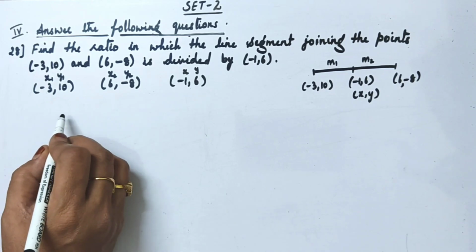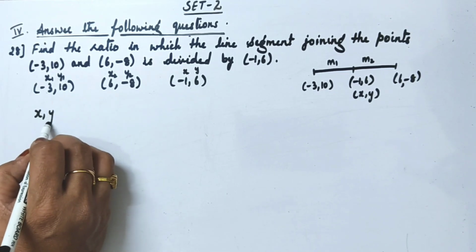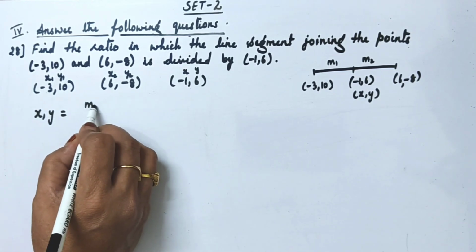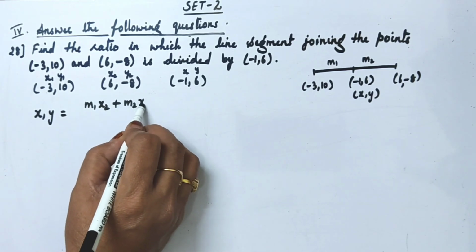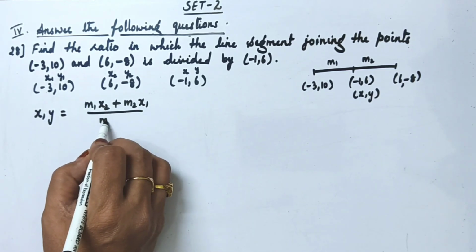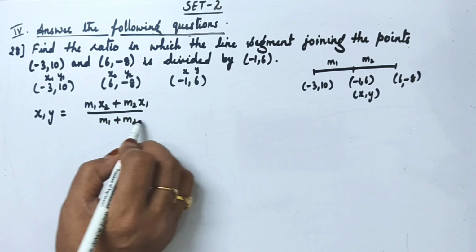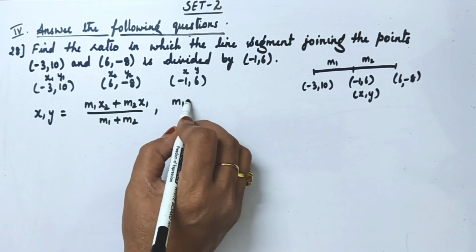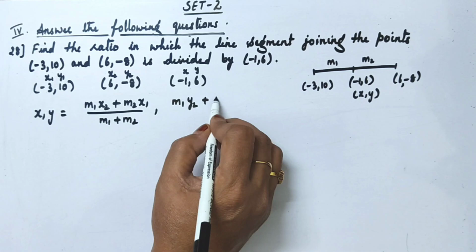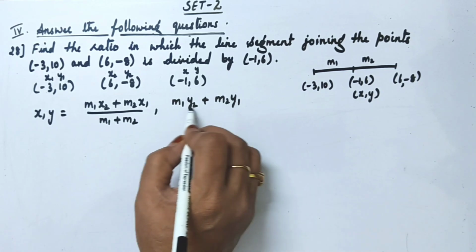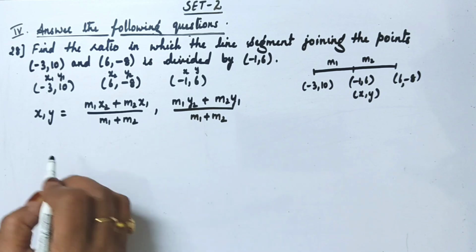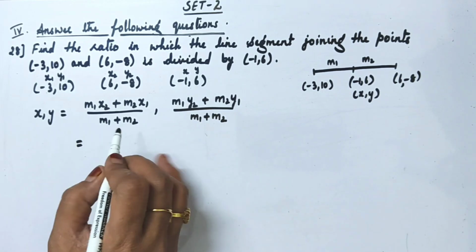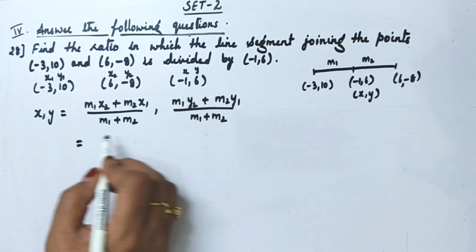Now we know the section formula, x comma y equals m1 x2 plus m2 x1 upon m1 plus m2, comma m1 y2 plus m2 y1 upon m1 plus m2, and we need to find the ratio.